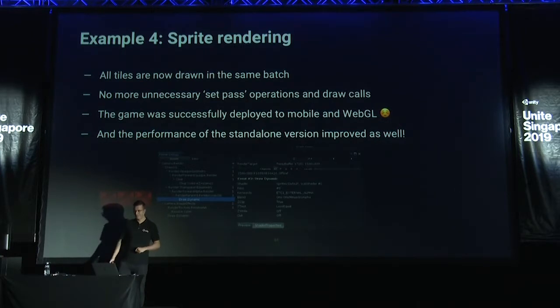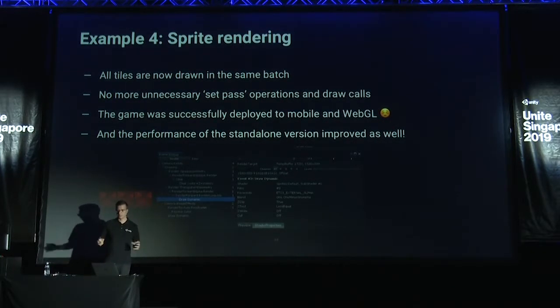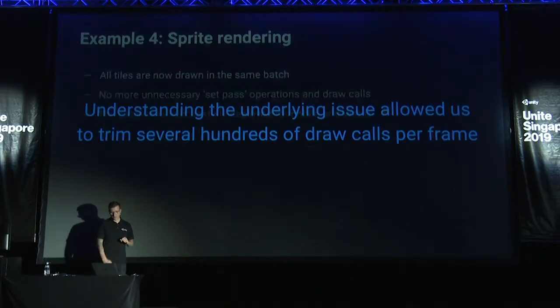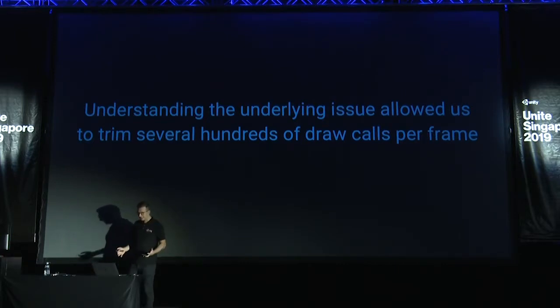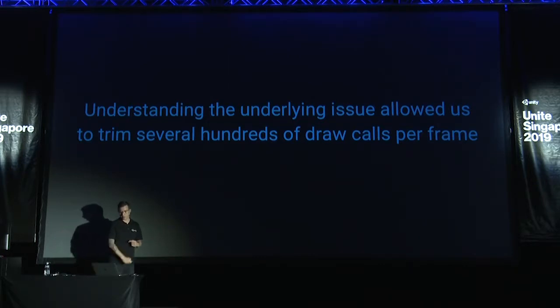And one of the side effects was that the standalone version, although it didn't need so much improvement, benefited quite a lot as well. So the lesson that we learned here is that by understanding underlying issues, we can get significant improvements and reduce the draw calls. So that was the last example from the GPU section.